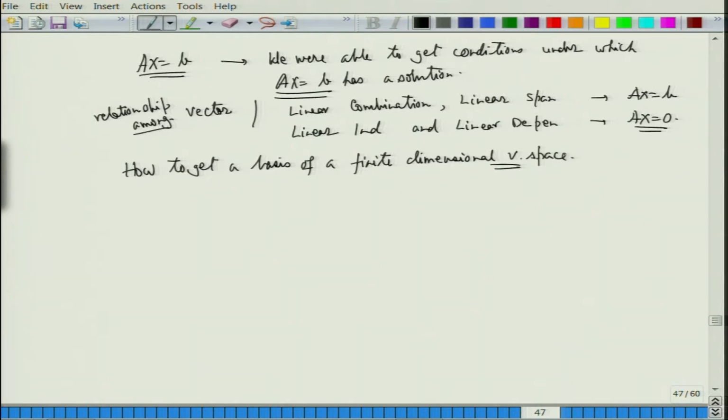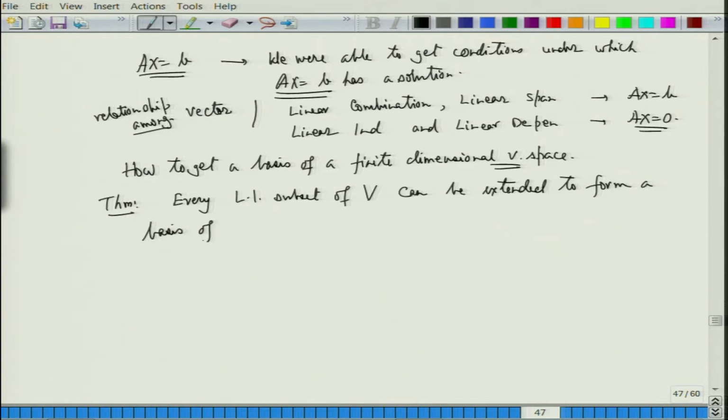We had a theorem which says that every linearly independent subset of V can be extended to form a basis of a finite dimensional vector space. This was important.